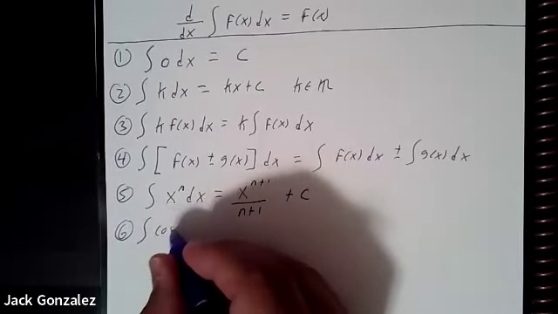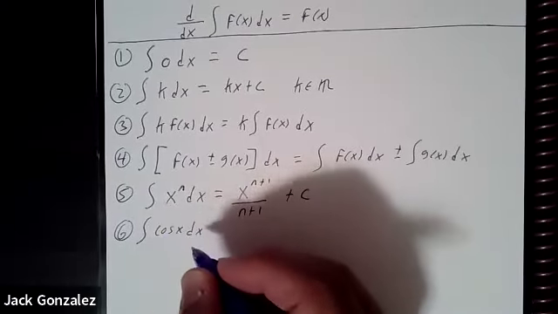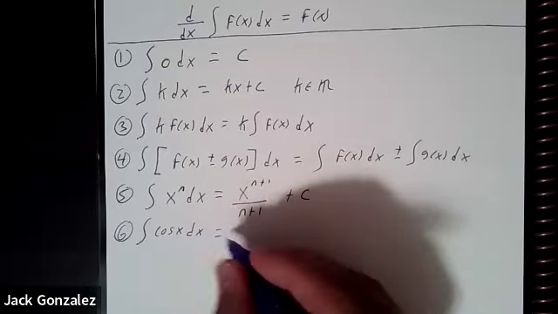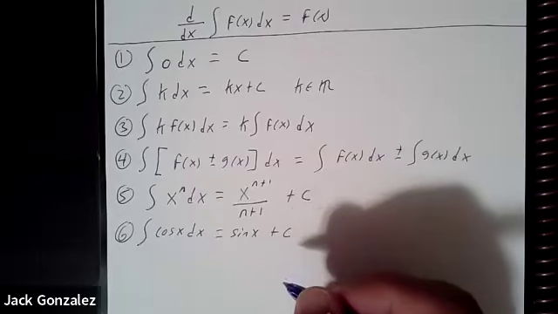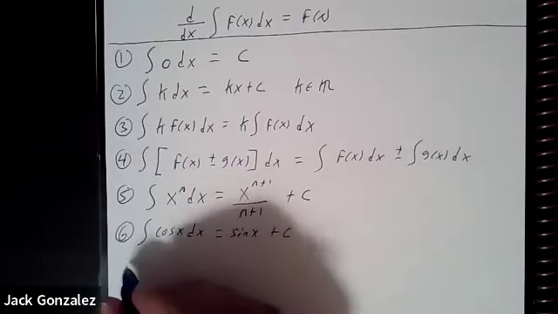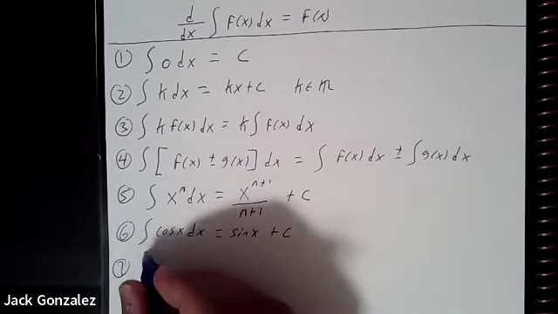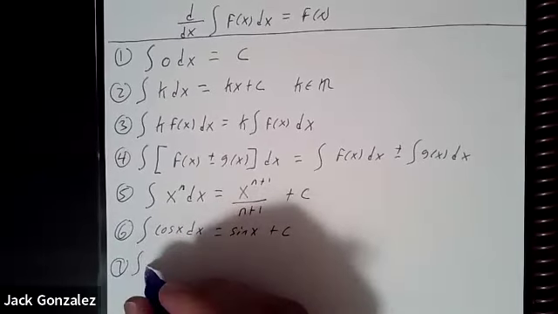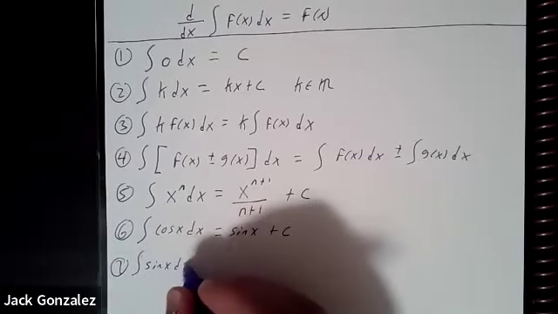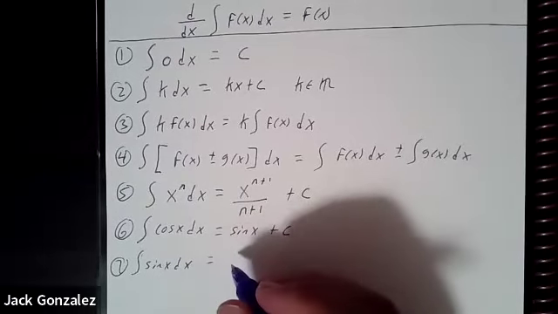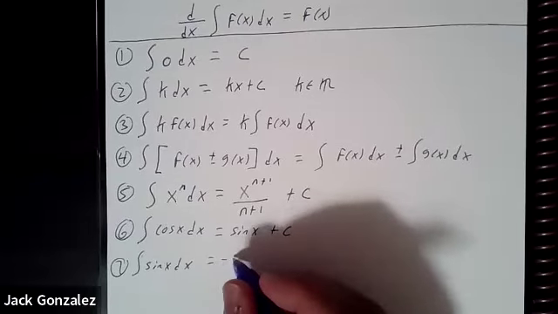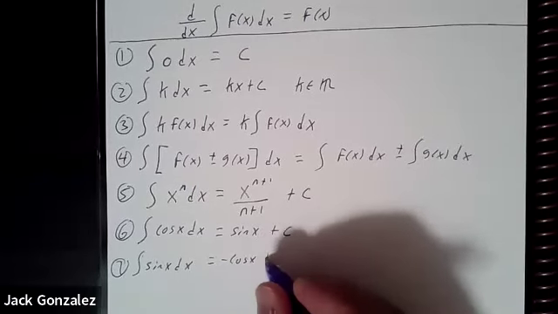Integral of cosine x dx is equal to sine x plus c. Integral of sine will be negative cosine plus c.